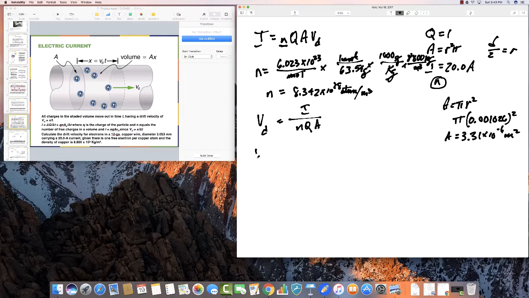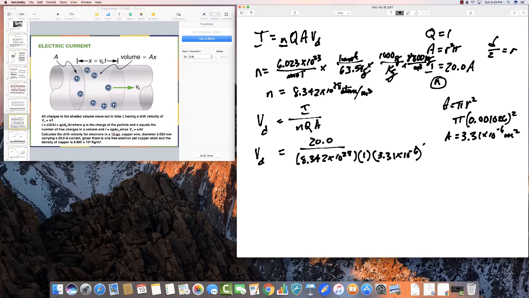Now we can say that v_d is equal to 20.0 divided by 8.342 times 10 to the 28 times Q times A, which is 3.31 times 10 to the minus 6.